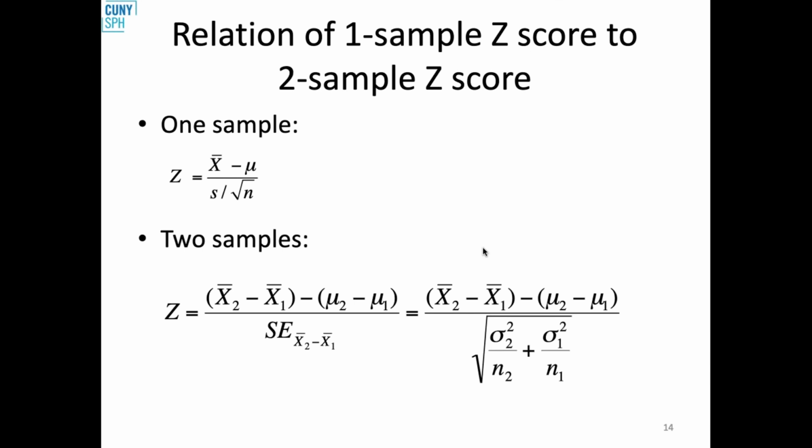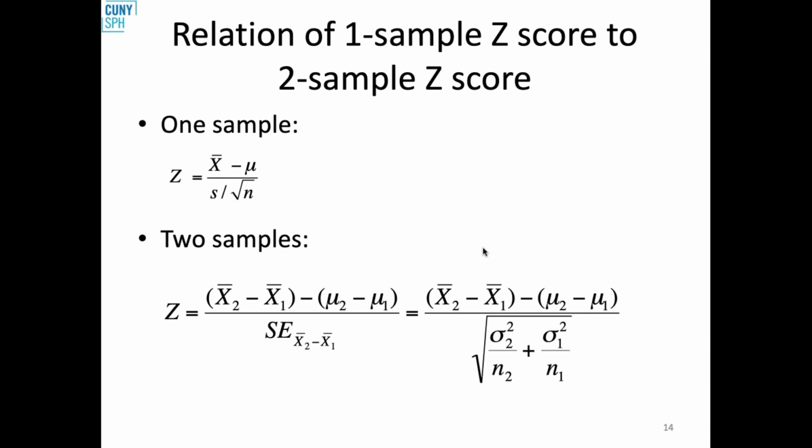The null hypothesis says that those two means are equal, so we can drop that whole second part out entirely. So it's just x2 bar minus x1 bar, divided by the standard error. Now, the problem with the standard error is we don't have just the standard deviation divided by the square root of the sample size.